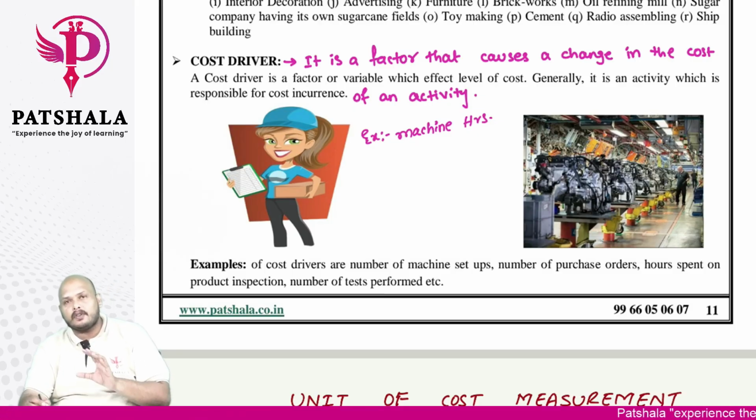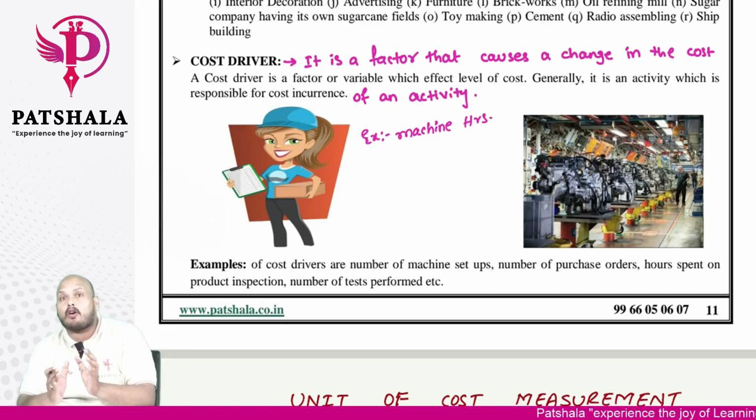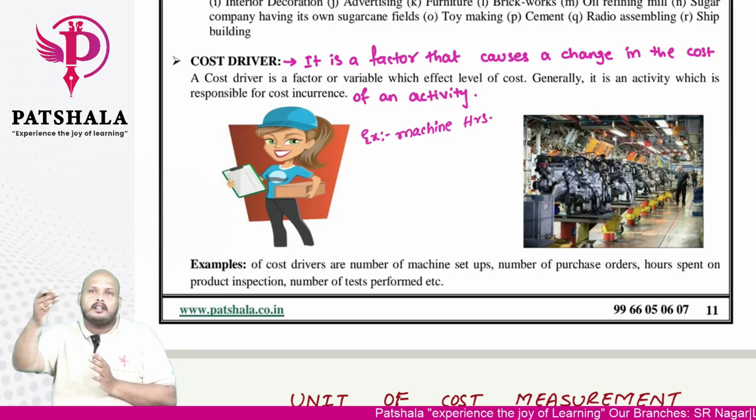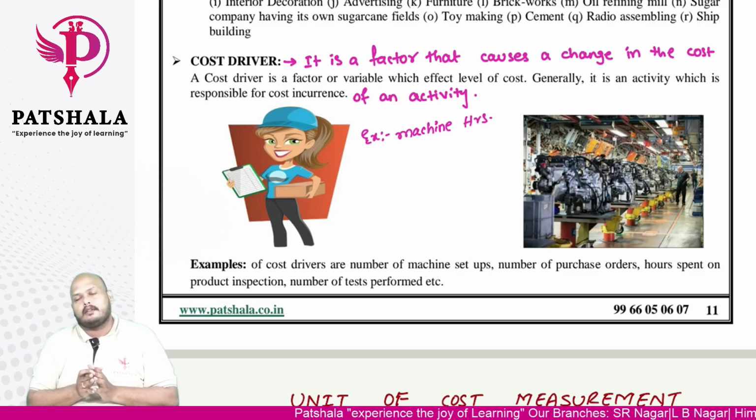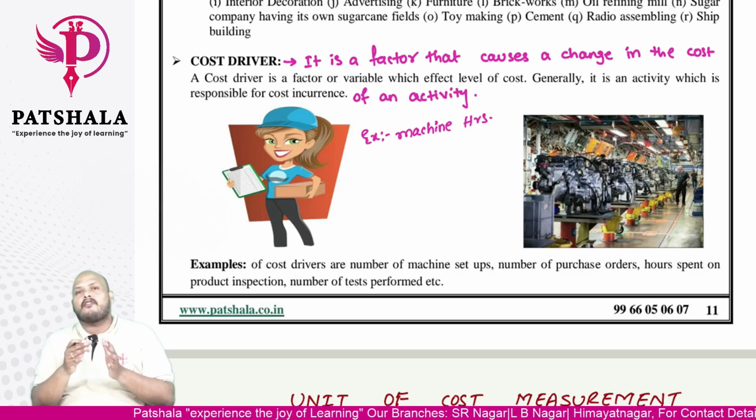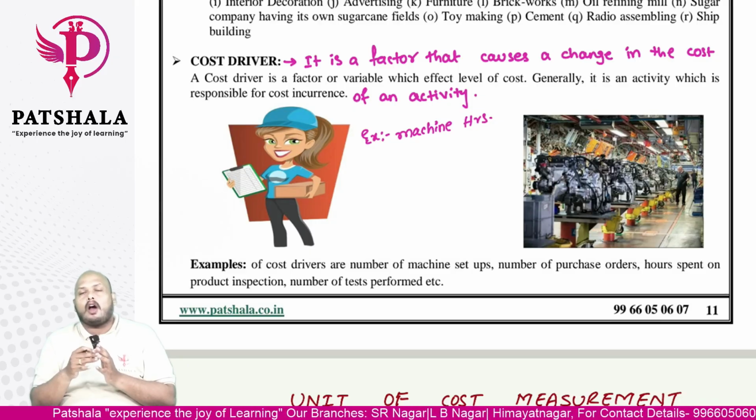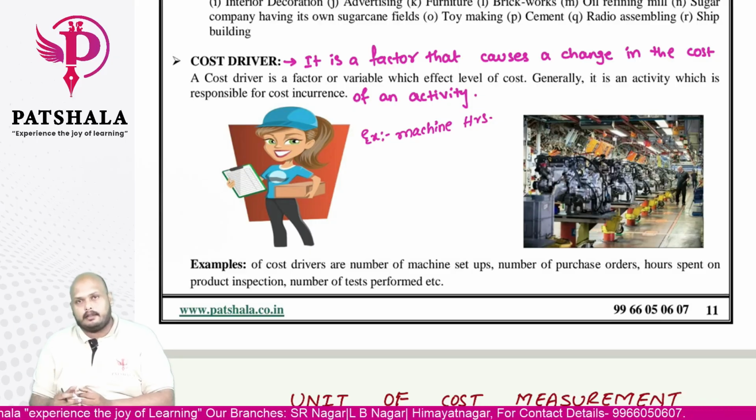Here this machine hours is a cost driver, indicating that the more hours you work, the more the cost will increase. Or in another way we can say, the more hours the machine is working, the output or production also will increase.